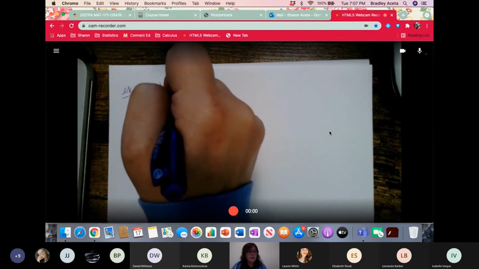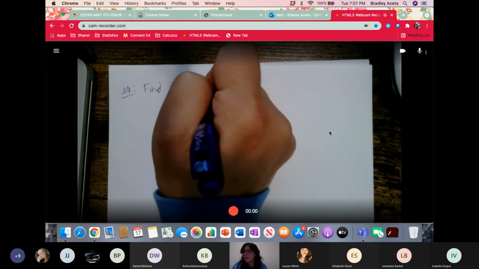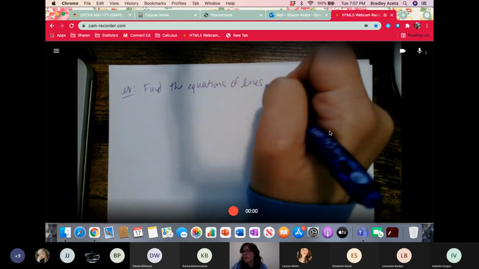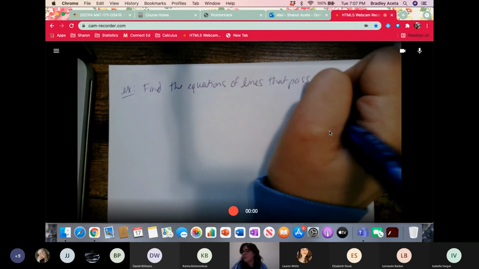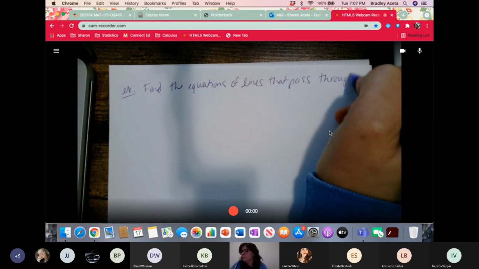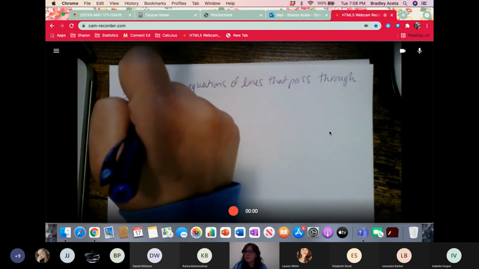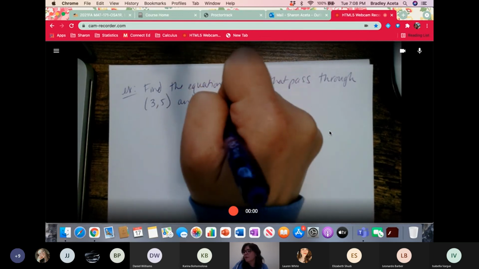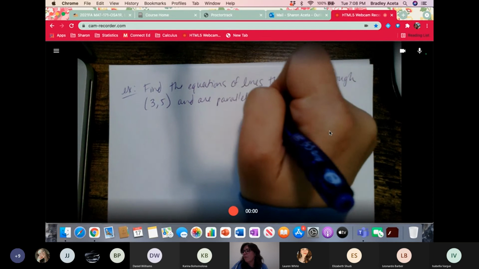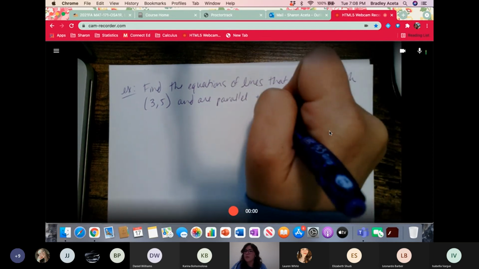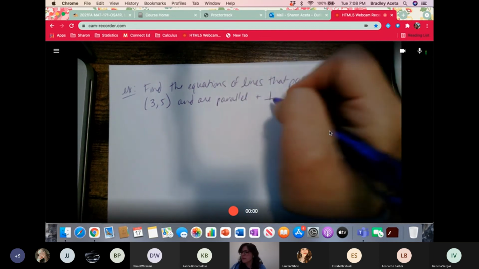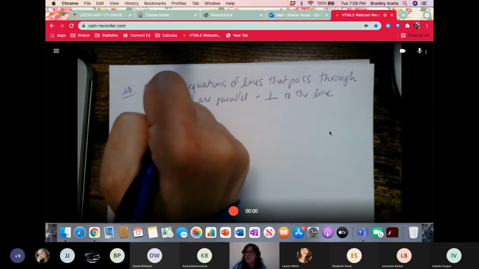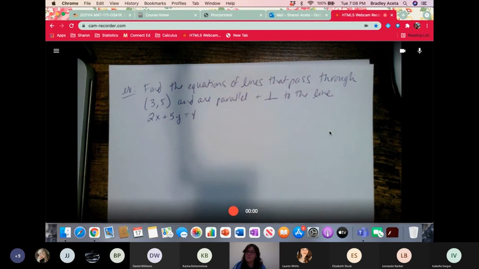So find the equations of lines that pass through the point 3,5 and are parallel and perpendicular, I'm abbreviating because perpendicular is long to write, to the line 2x plus 5y equals 4.